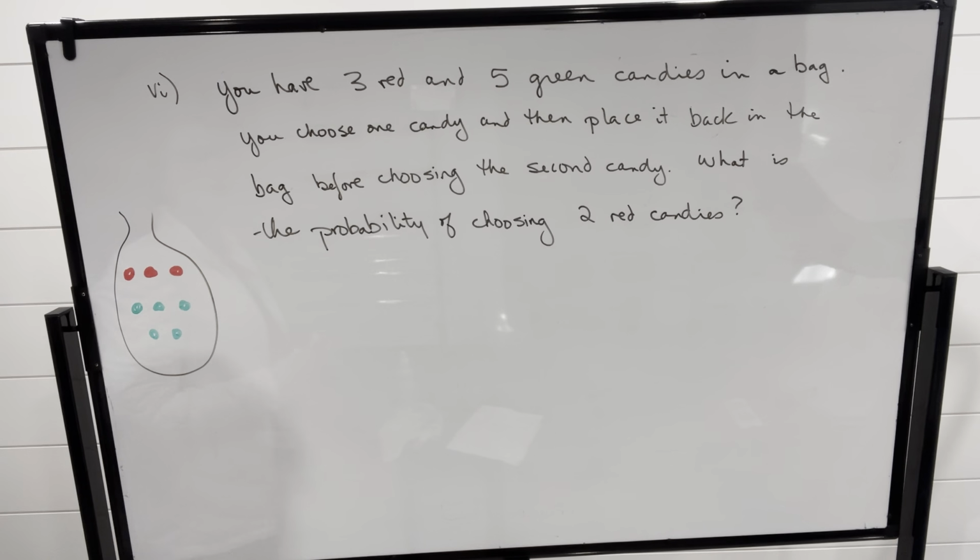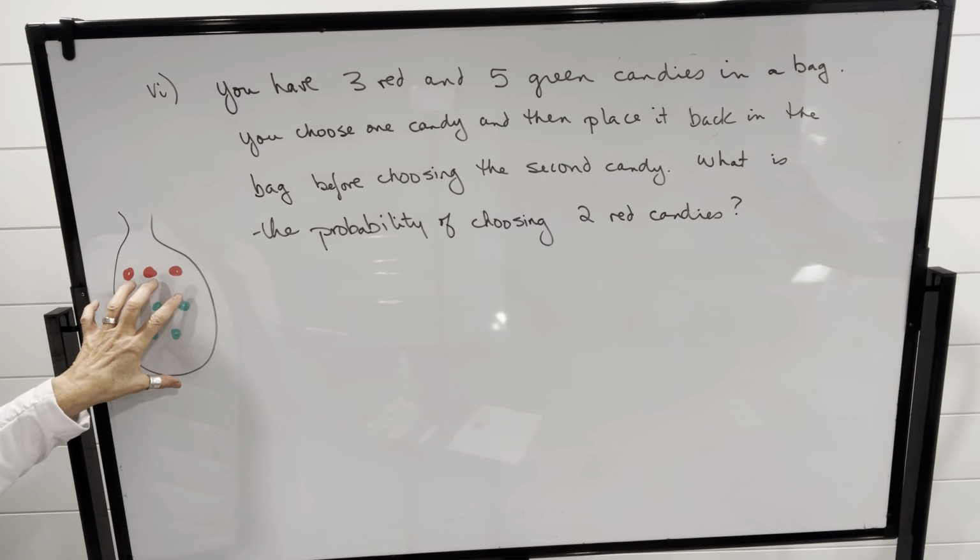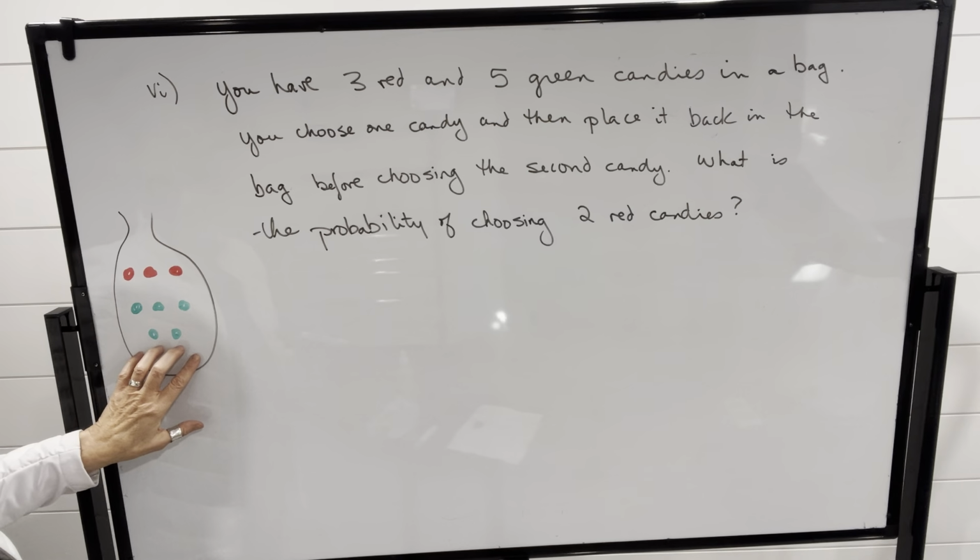Our last question says you have 3 red and 5 green candies in a bag. You choose one candy and then place it back in the bag before choosing a second candy. What is the probability of choosing 2 red candies? So I have 3 red candies, 5 green candies in the bag.